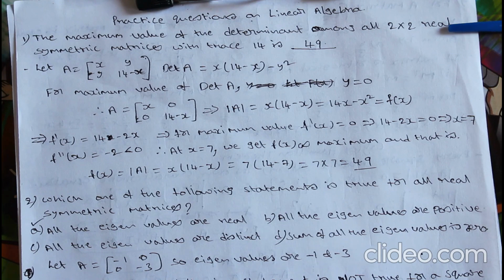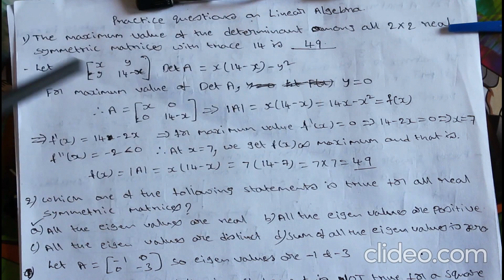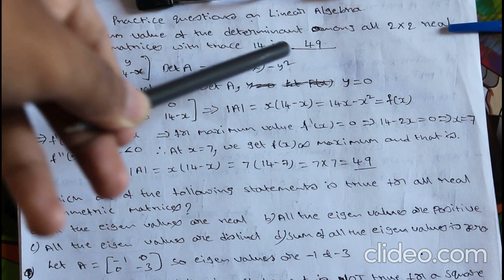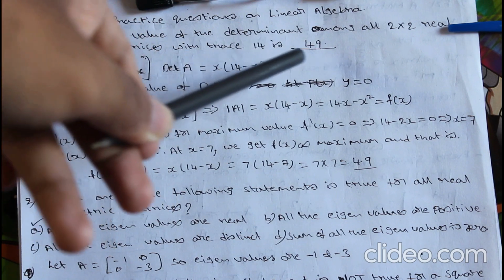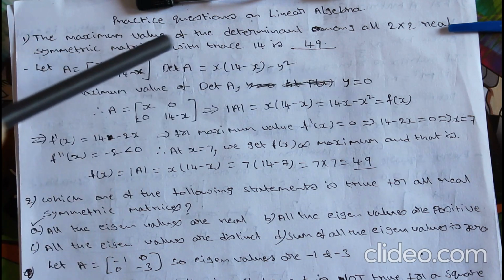Question number 1. The maximum value of the determinant among all 2 by 2 real symmetric matrices with trace value 14 is dash. It is a subjective question, not an objective question. It looks tougher, but you can solve it if you have the basic concepts clear. Look at the question carefully once again.